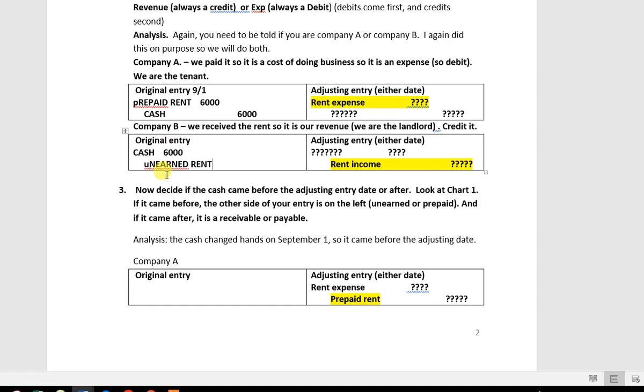Okay, and I'm going to credit unearned rent because we haven't yet got the rent. So I'll talk about that in just a second. But the point is, for Company A, it's a rent expense. So I'm going to debit the expense, and for Company B, it's rental income because it's the landlord.